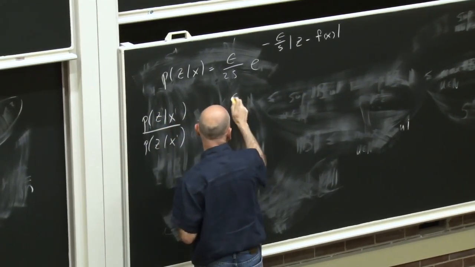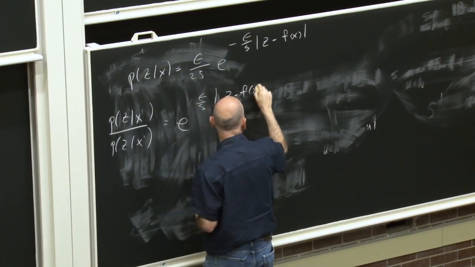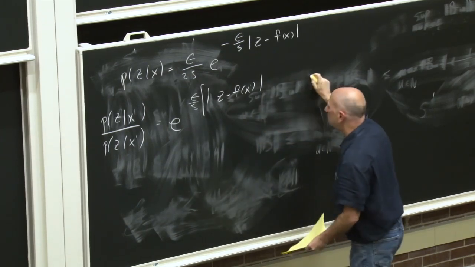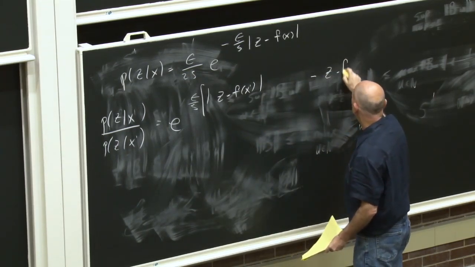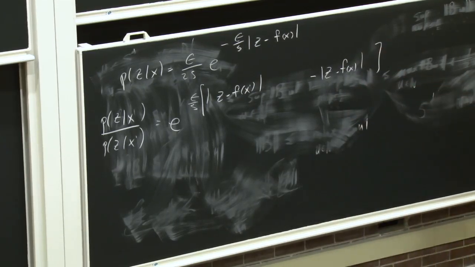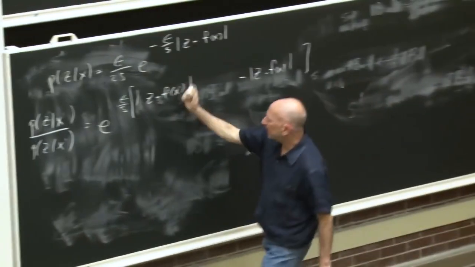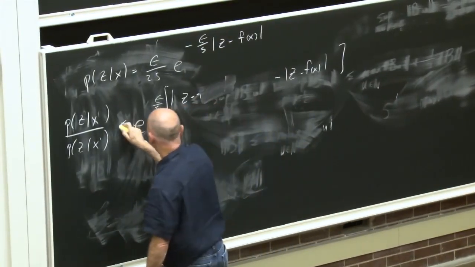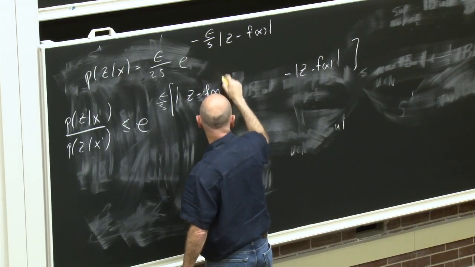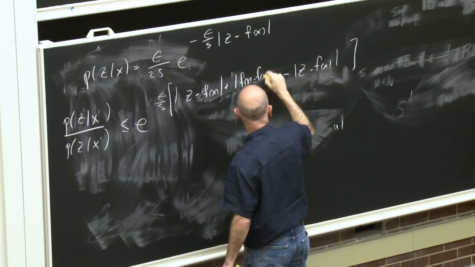So I get e to the epsilon over s times |z minus f of x prime| minus |z minus f of x|. I just took the ratio. Now I'm going to add and subtract f of x here and say it's less than or equal to, by the triangle inequality, |f of x minus f of x prime|.